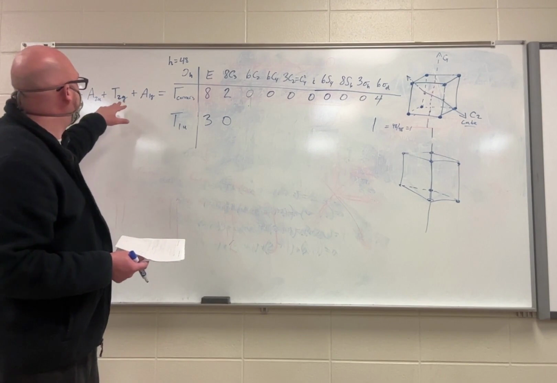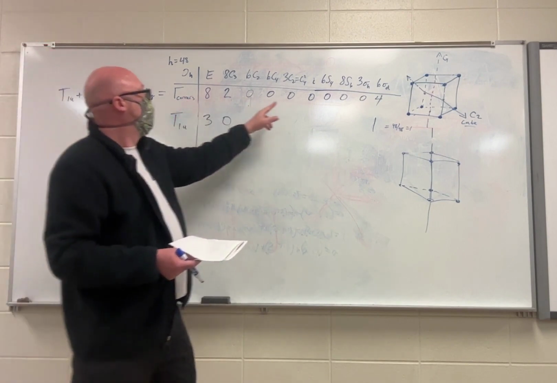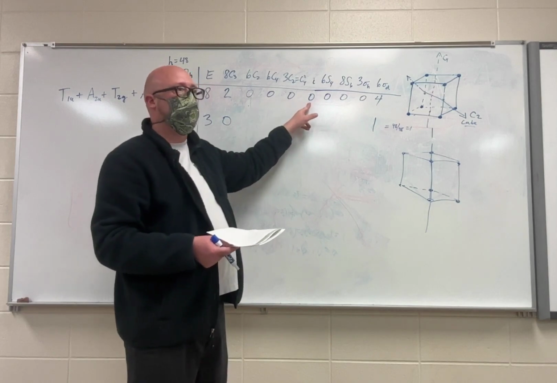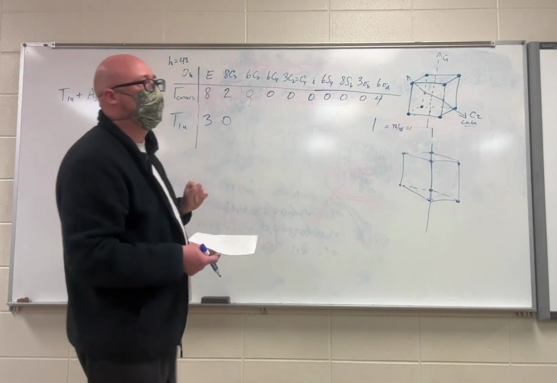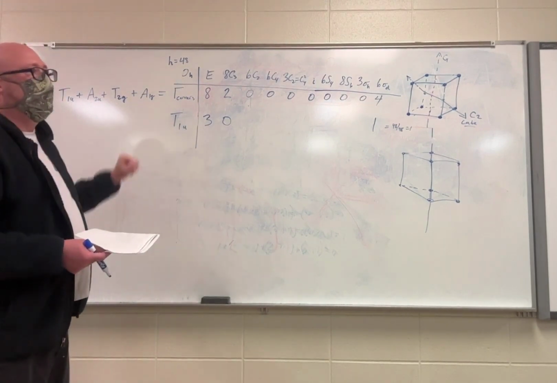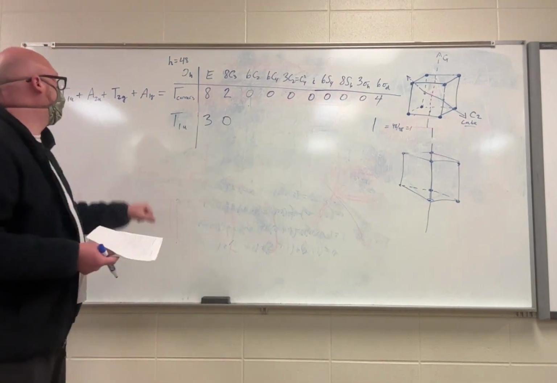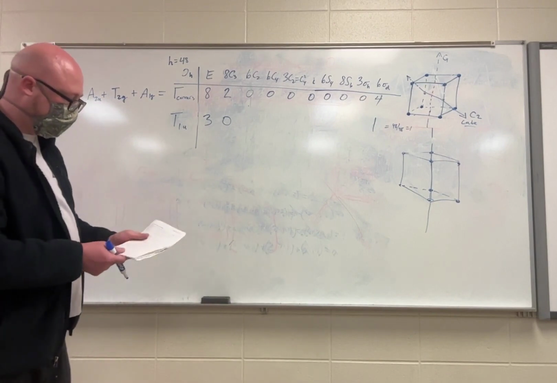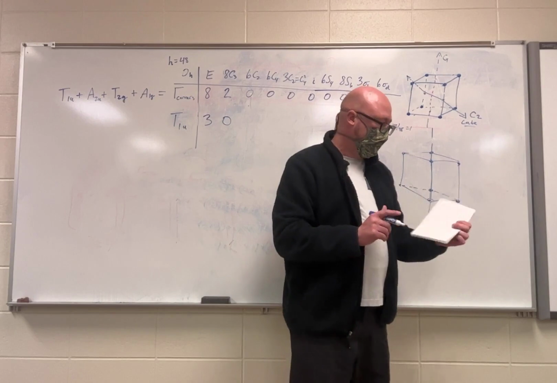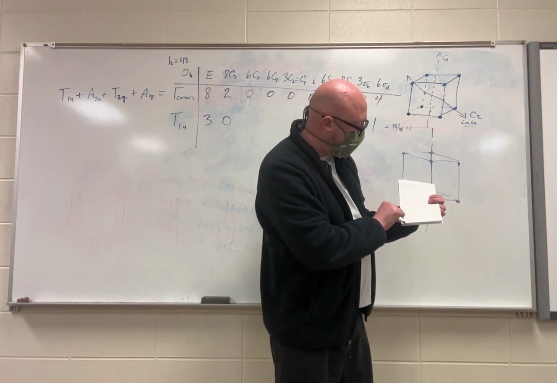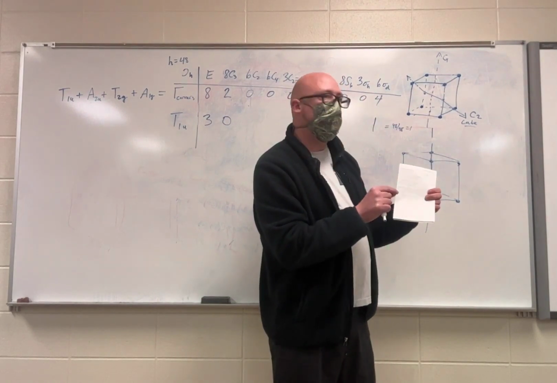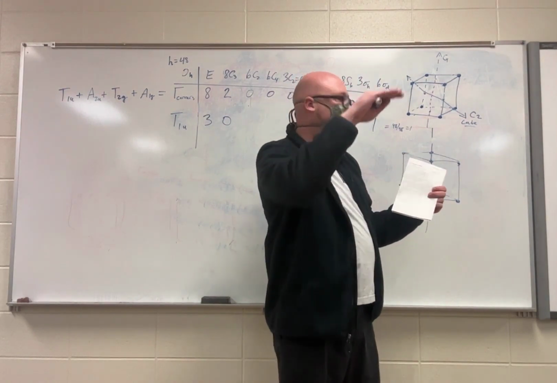And then the G and U are designations with respect to inversion. If it's a +1 character under inversion, it's a G. If it's a -1 character under inversion, it's U. And if you look at the point group OH, and if you look at the character table, notice all of the irreducible representations are sort of split. So all of the G representations are in the top half.